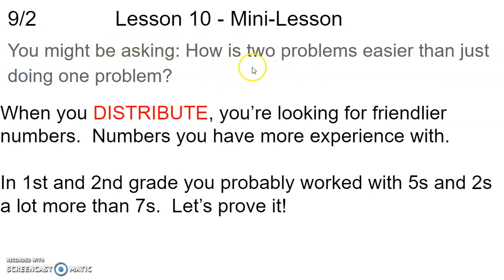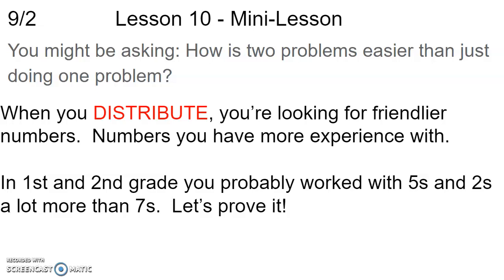You might be asking, how is 2 problems easier than just doing 1 problem? Well, in this case, I'll show you it is easier, but when the numbers get really big, which they will this year for you, it's good for you to have a tool in your tool belt that you can pull out and say, okay, this is a huge number and I know how to break it into easier problems because I know some numbers that are easier to work with.